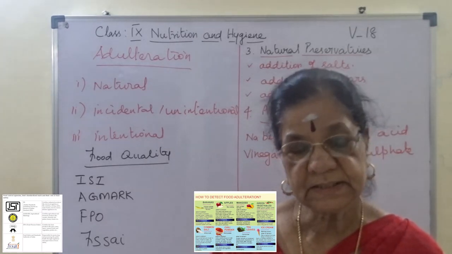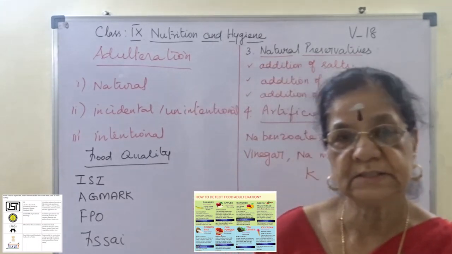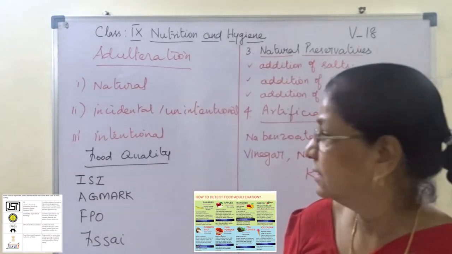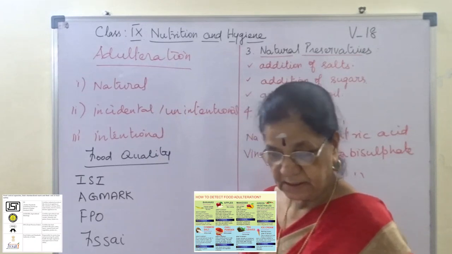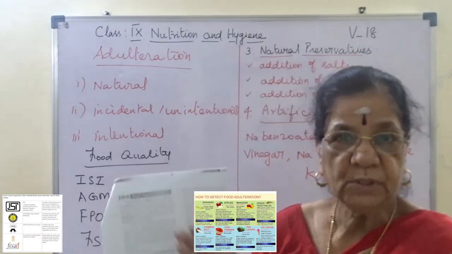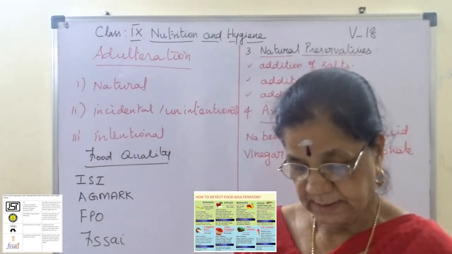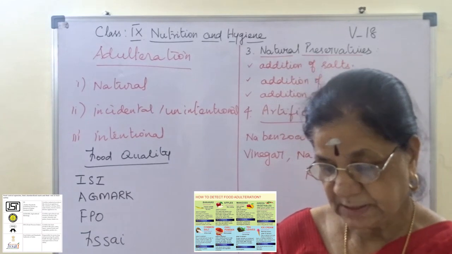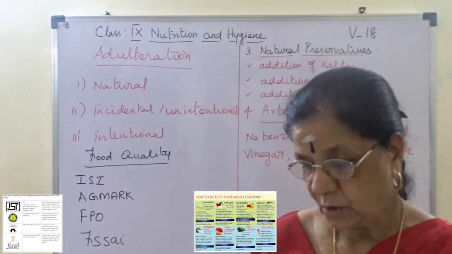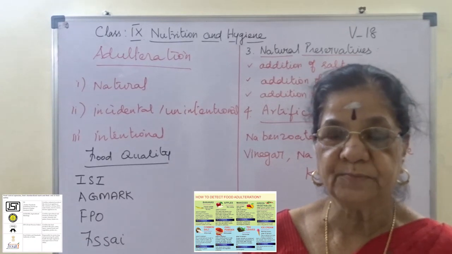An adulterant is any material which is used for the purpose of adulteration. I hope you understand. And these are the three methods. In that, natural adulterants are in our book, I will just explain.